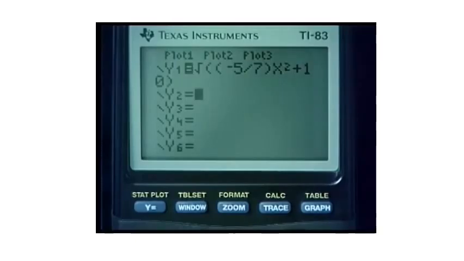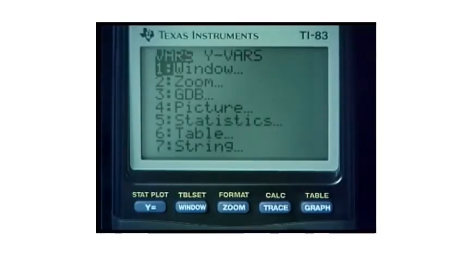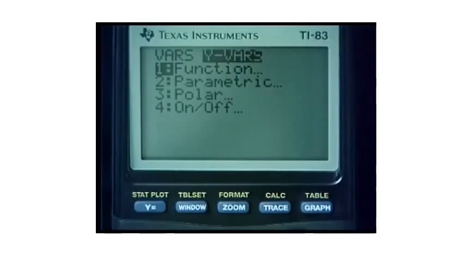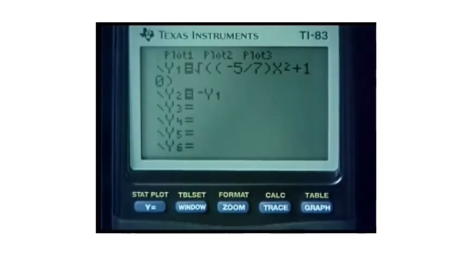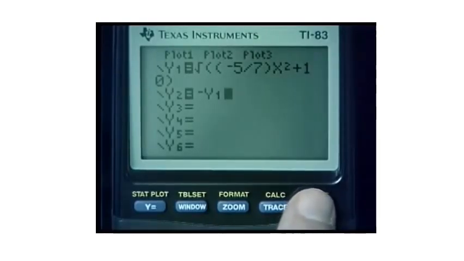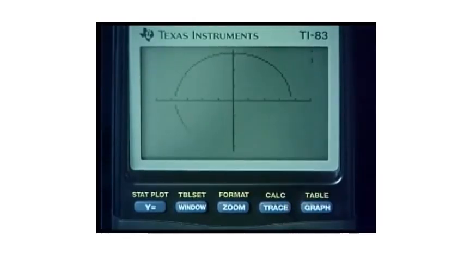We could enter the negative of what we see as y1, or we could enter negative y1, and we do that by pressing the vars button, and then we want y variables, so we'll cursor to the right one, and now we want a function, and we want y1, so I'm just pressing enter here, and now we have the negative of y1, so we don't have to go through and enter all of those various characters. But here's the bottom of our graph showing up, and sure enough it looks as we pretty much expected.